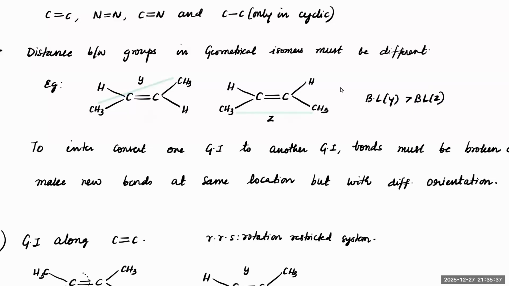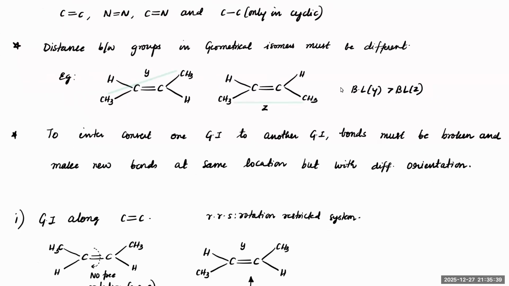So to convert a geometrical isomer to another, bonds must be broken. So how do I convert this to this? I have to break this carbon-carbon bond, I have to break this carbon-hydrogen bond, and I have to remake them by making their spatial orientation different. And that's how you will get y being greater than z.